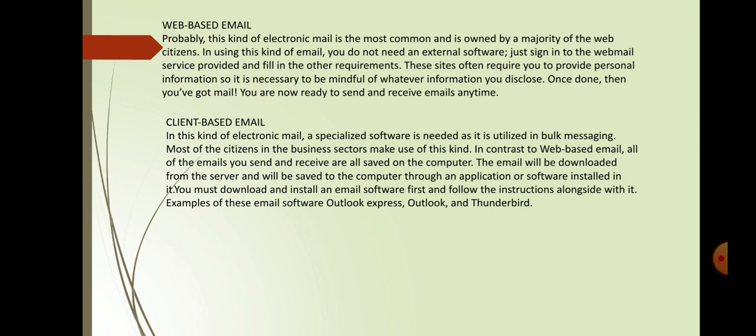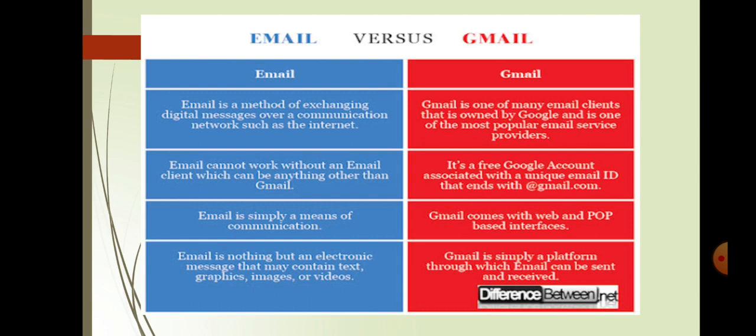So, if you want to use the services of application or client-based email, for this we must install some of the applications that are mentioned here. Moving to the next. Dear student, I want to tell you the difference between email and Gmail.